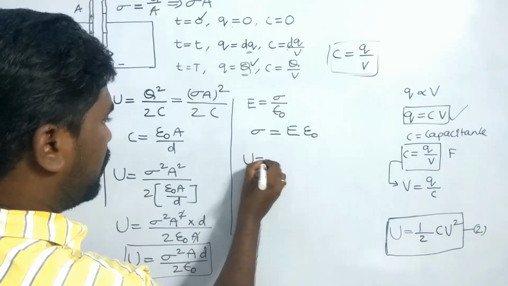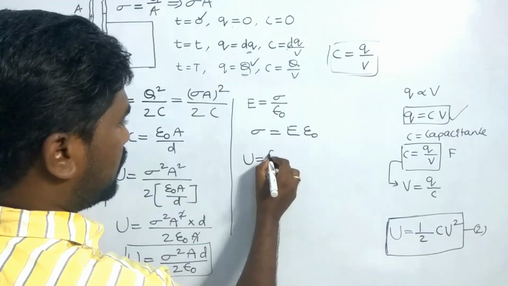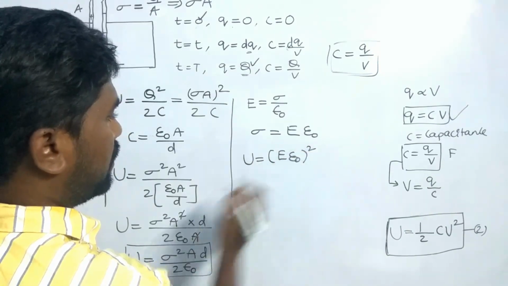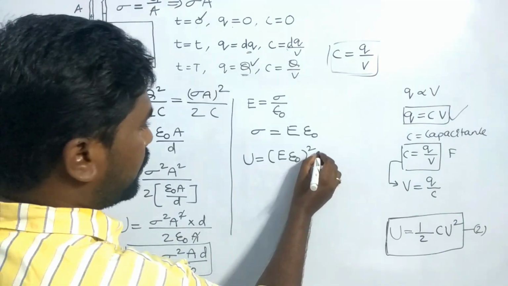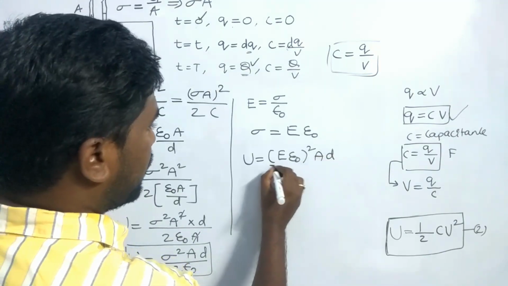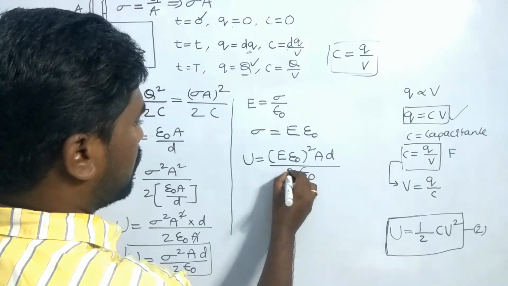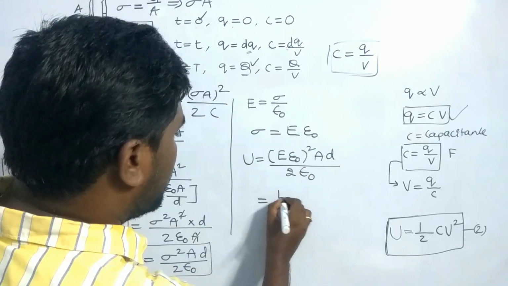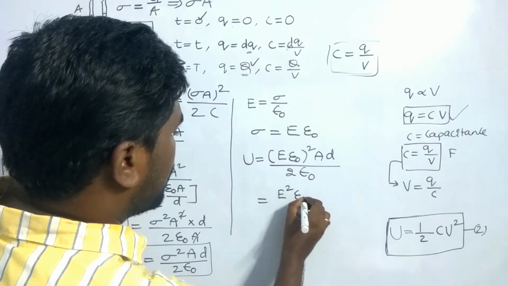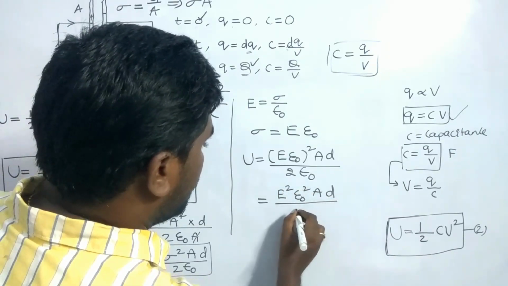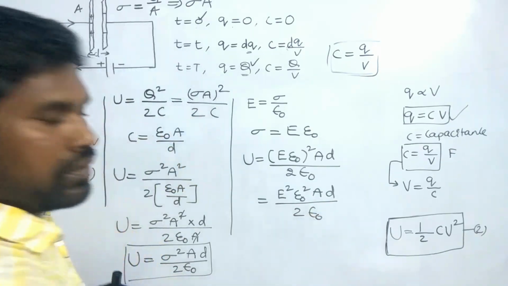Therefore U is equal to, here sigma square is nothing but E epsilon naught whole square into A into D by 2 epsilon naught. So here it is E square epsilon naught square A into D by 2 epsilon naught.